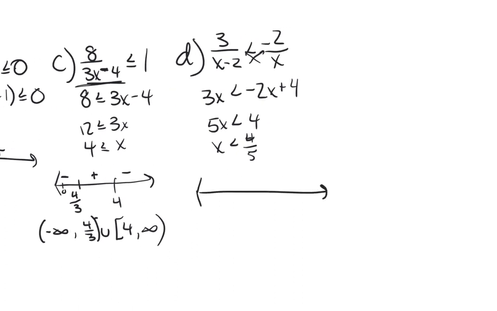So we're going to draw our timeline. We're going to have a lot of points. We're going to start at 0, because that's our first asymptote here, and then go to 4 over 5, and then we're going to go to 2. So that's where our second asymptote is.